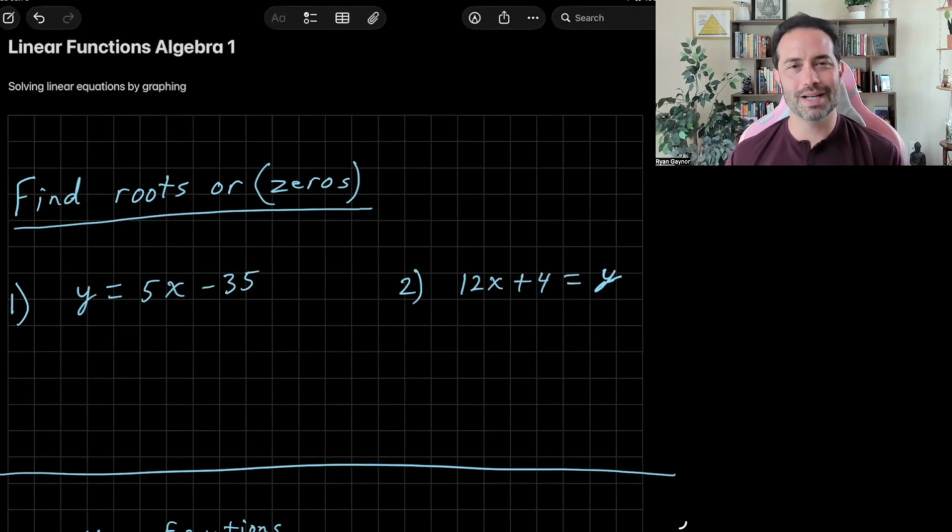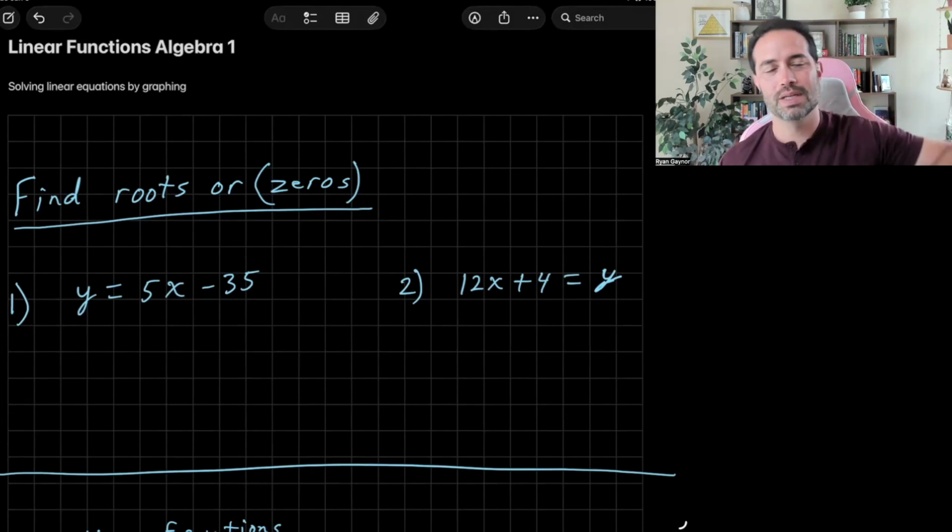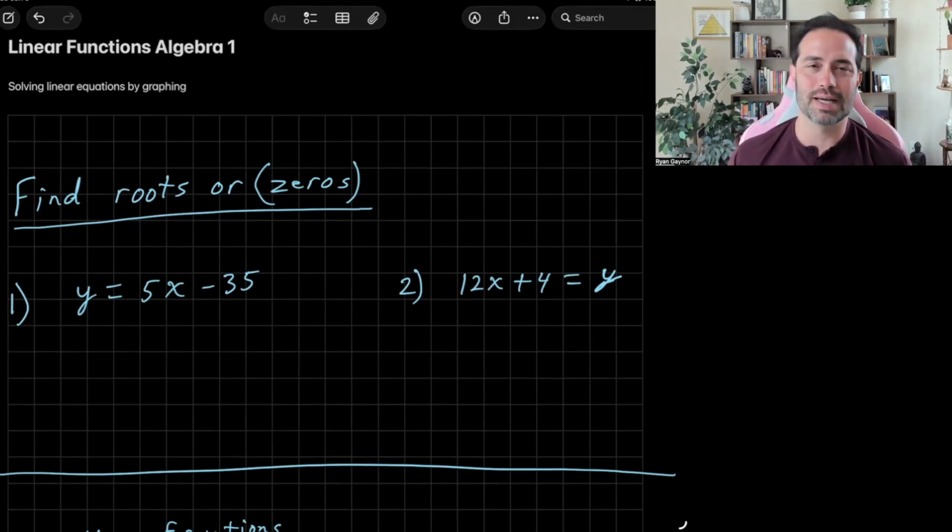Well, it's because when y is 0, the graph will cross the x-axis at a certain point. Now, if it doesn't cross the x-axis, right, so there are some functions that just don't cross the x-axis, then you'd be dealing with imaginary numbers. But for this, these are linear equations, so the line will always cross the x-axis.